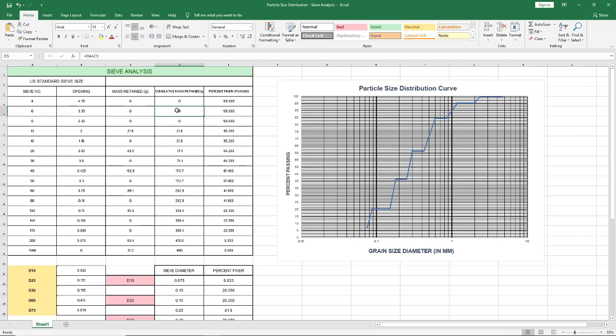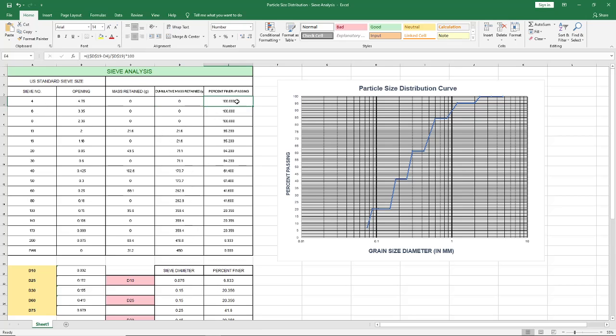The cumulative mass retained in sieve number 4 is still the mass retained on it. Then the next one is added to it, and we get the cumulative mass retained for the next sieve number, which is 6. So 0 still remains 0, and so on.